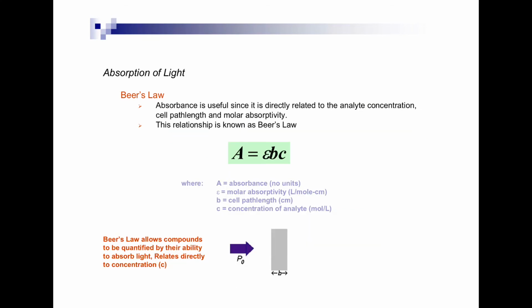Now, when you put these three factors into an equation, you get this one here. What that's saying is that the absorbance is equal to the molar absorptivity, so that's this guy here, times the cell length, which is how thick the sample is, times the concentration of the solution. Anytime any one of these goes up, the absorption is going to go up.